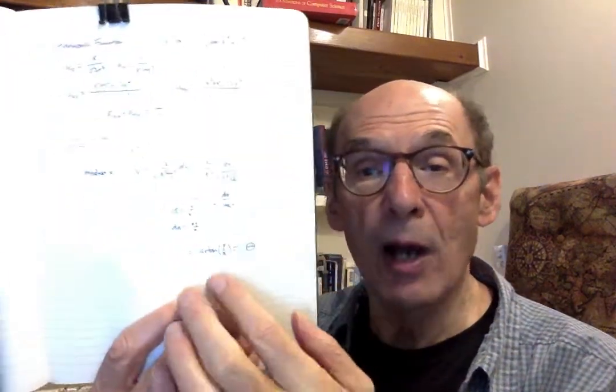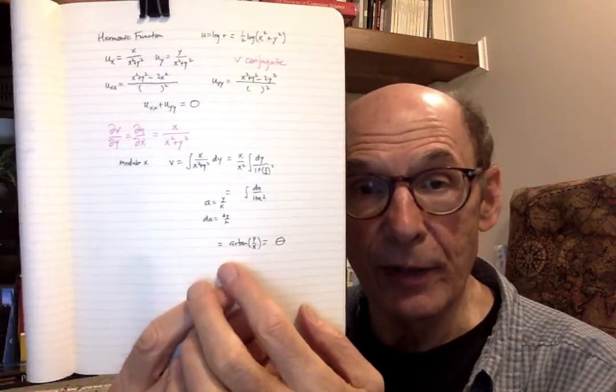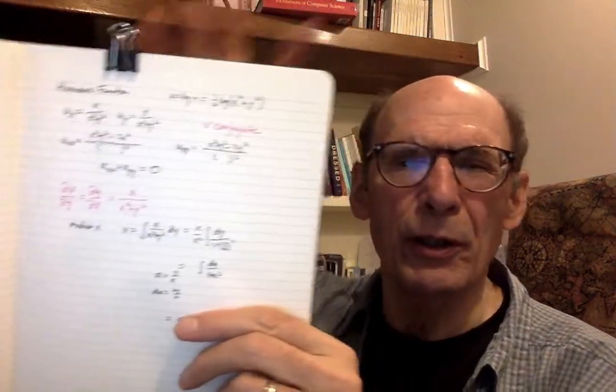It's the argument, and if you go around, things keep changing with theta, so we do not have a single-valued conjugate function. Locally, in a little region, we have a single-valued conjugate function, but in the whole domain, which is everything except the origin, we do not have a single-valued conjugate function.